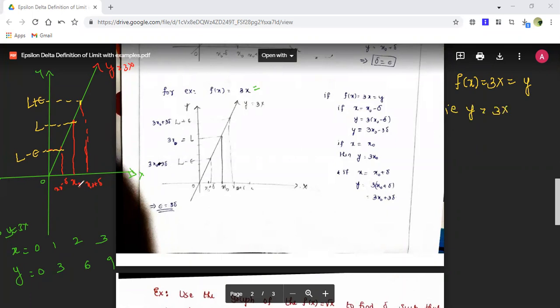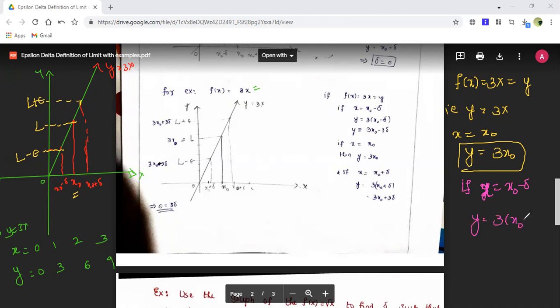Now again, if I take x is equal to x naught, then your y will become 3x naught. If I take x is equal to x naught minus delta, then since y is equal to 3x, it is 3 times x naught minus delta, which is equal to 3x naught minus 3 delta.